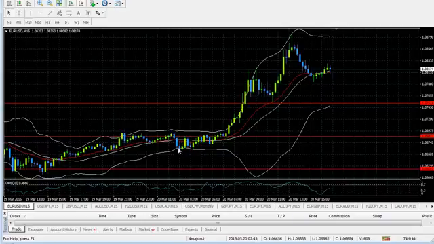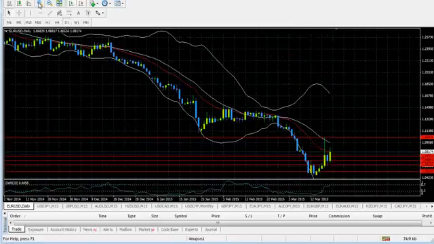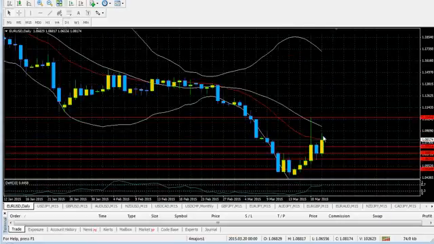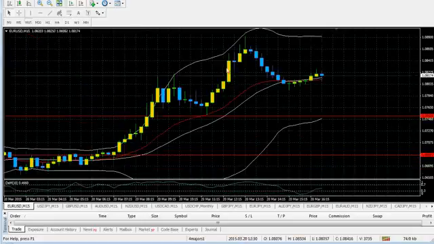I like to have an overall sentiment of the forex pair, and then you've got to take your shots where they present themselves.